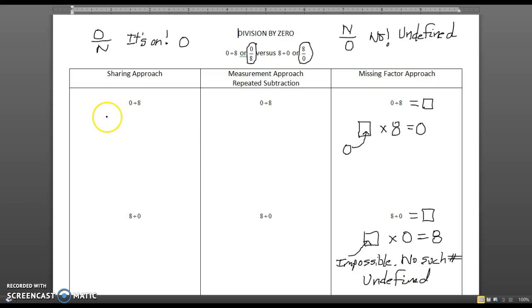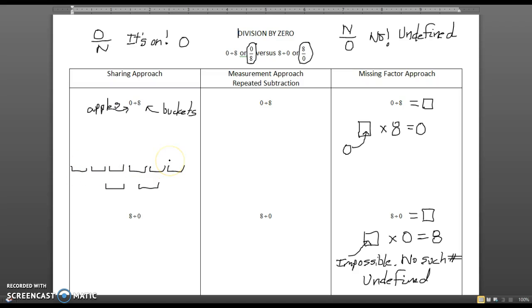All right, let's jump over here and do the sharing approach. So apples and buckets, remember. Here's my apples. Here's my buckets. So no apples, 8 buckets. And I'm essentially saying, all right, I need to share these apples evenly into the buckets.